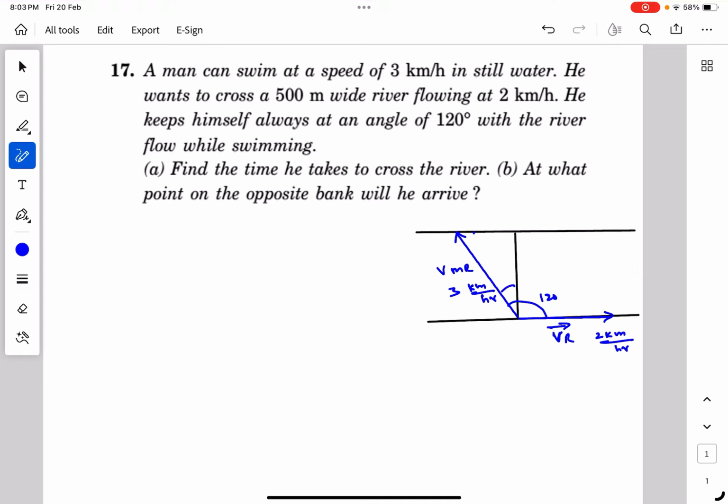So this angle would be 30 degree. Let us write this velocity equation in the vector form. Velocity of man with respect to ground will be equal to velocity of man with respect to river plus velocity of river.